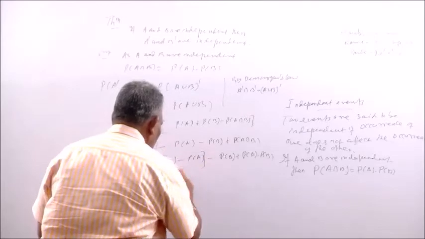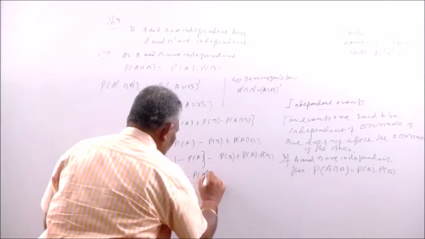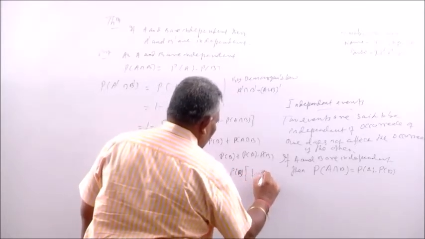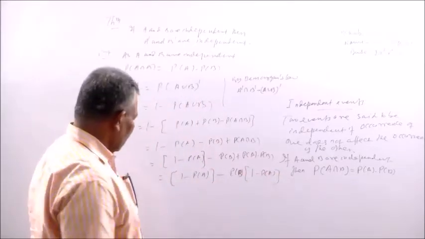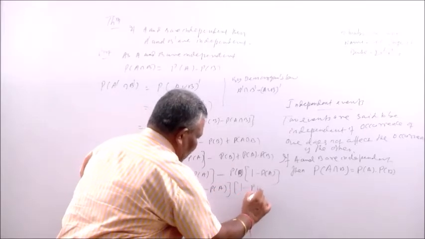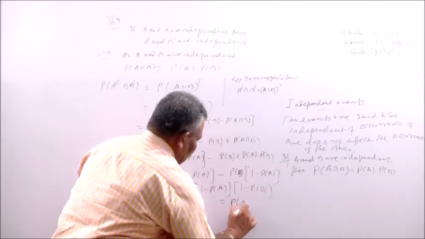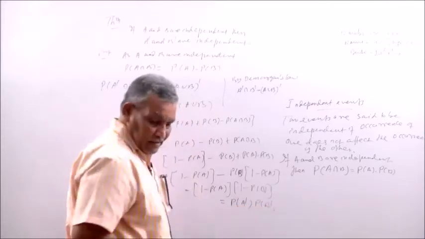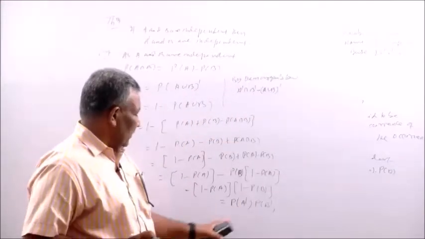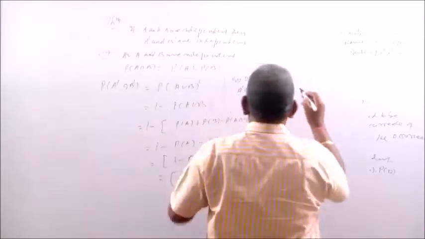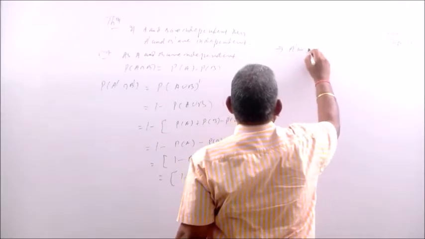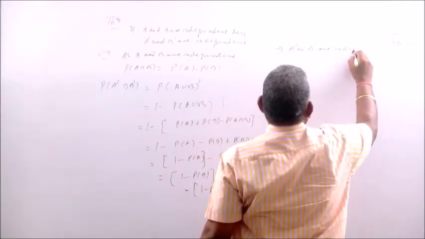Taking P(B) common, we have 1 minus P(A) inside the bracket. So ultimately we have (1 minus P(A)) into (1 minus P(B)). That is P(A dash) into P(B dash). That implies P(A dash intersection B dash) equals P(A dash) into P(B dash). That implies A dash and B dash are independent.